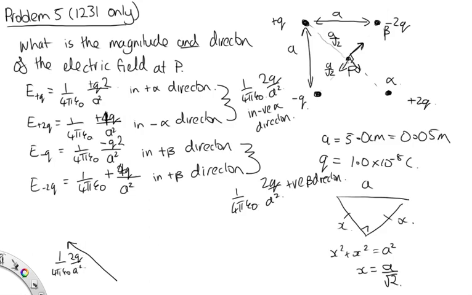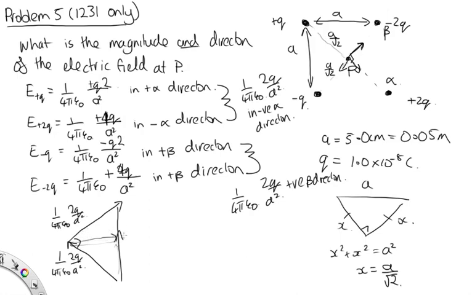And then this one is going in the positive beta direction, so up like that. These are at 90 degrees to each other. This is 1 over 4 pi epsilon naught 2Q over a squared, so they have the same magnitude. We add them together. This one has a horizontal component to the right, and this one has a horizontal component to the left. So those horizontal components cancel each other out.